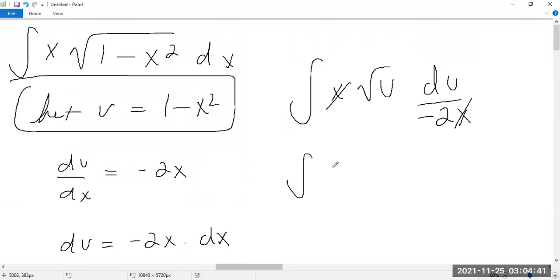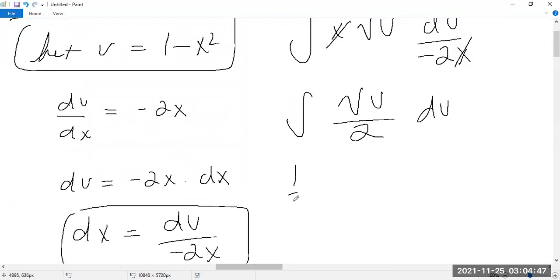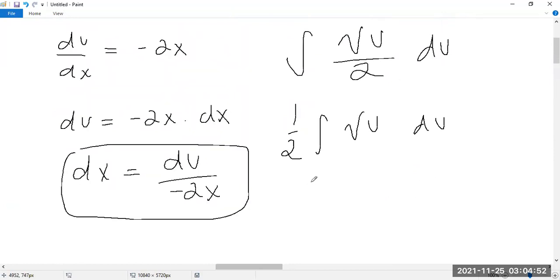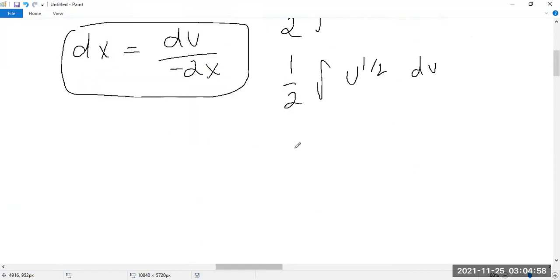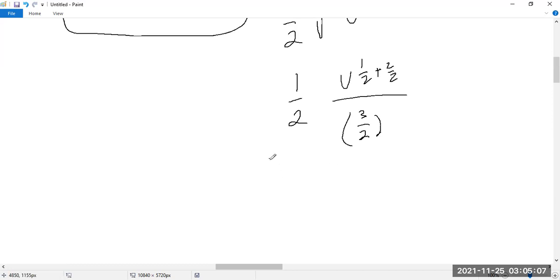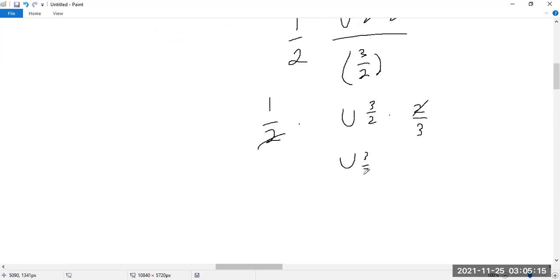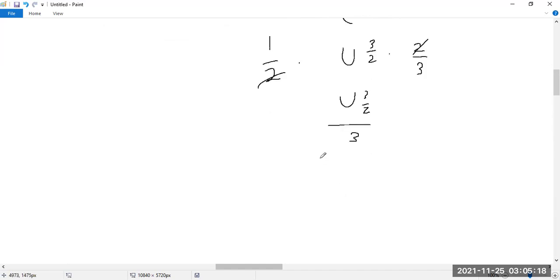So I have the square root of u over negative 2 du, which is negative 1 over 2 times the integral of u to the 1/2 du, which is 1 over 2 times u to the (1/2 plus 2/2), which is 3/2, over 3/2. That is 1 over 2 times u to the 3/2 multiplied by 2 over 3, which is u to the 3/2 over 3 plus c.